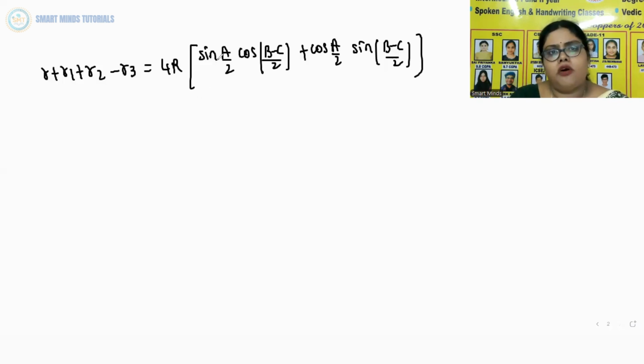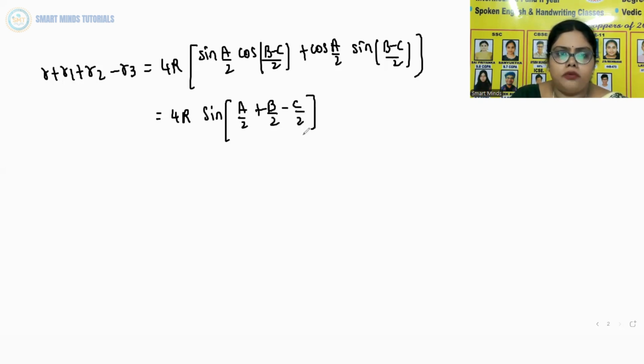Now it is in the form sin A cos B plus cos A sin B, so it is the sin(A plus B) formula. So 4R sin(A/2 plus (B minus C)/2). That can be written as 4R sin((A plus B minus C)/2).